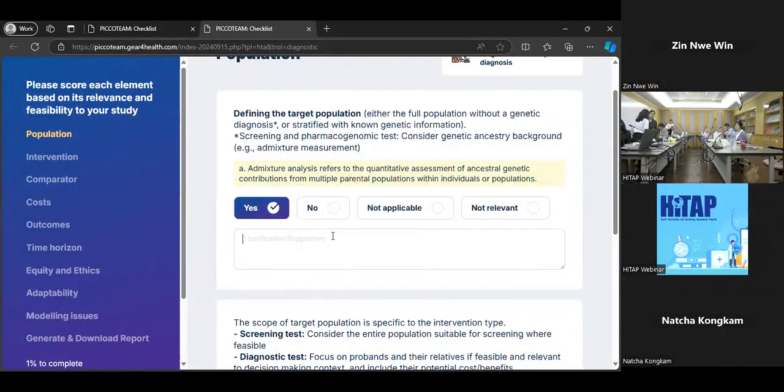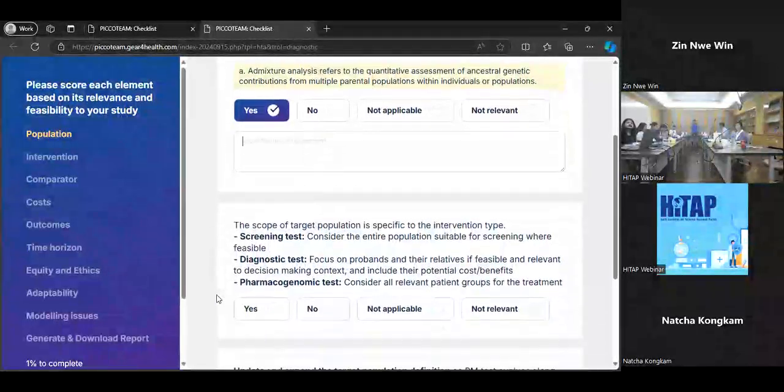Okay, so for the population domain, it's of utmost importance to define the target population in terms of whether you want to evaluate a stratified population with certain already known genetic information, or you want to just target the entire population. It has something to do with the scope of the genetic test that you want to evaluate.